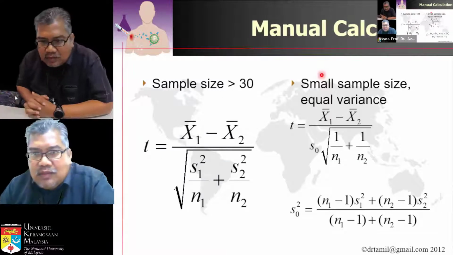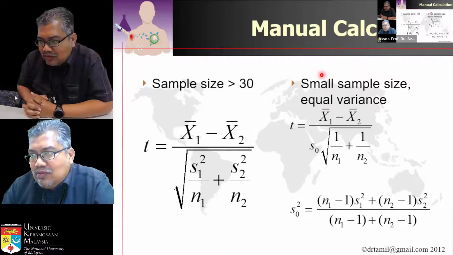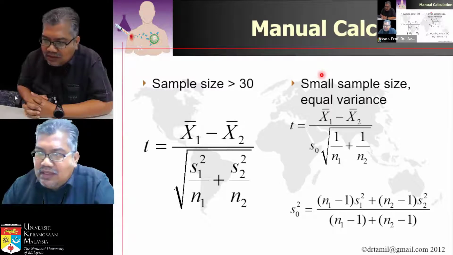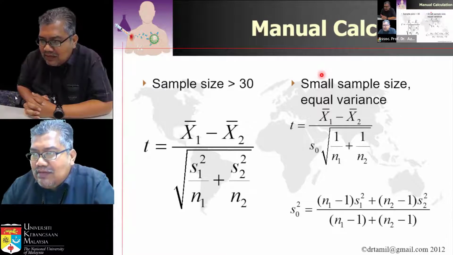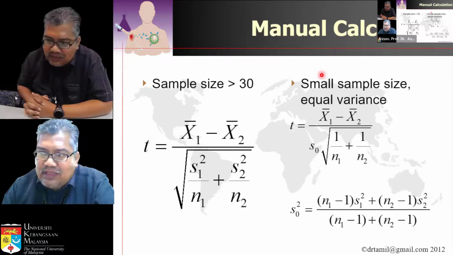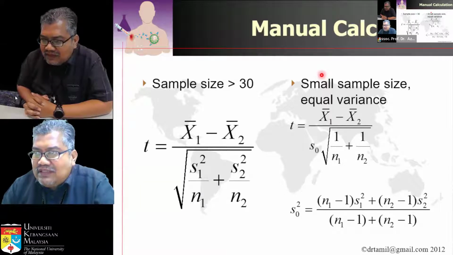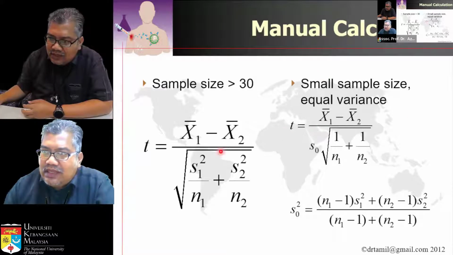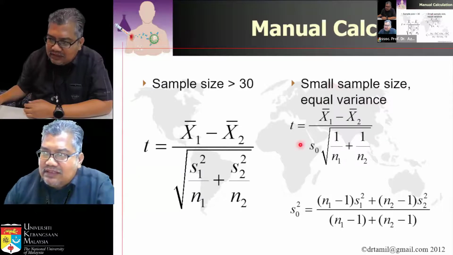Okay, so for the software, for the t-test, there are 2 major formulas. One is when the variances are equal, and the other one is when the variances are not equal. The formula for unequal variances tends to be used only when the sample size is larger than 30. For equal variances, this is the formula.